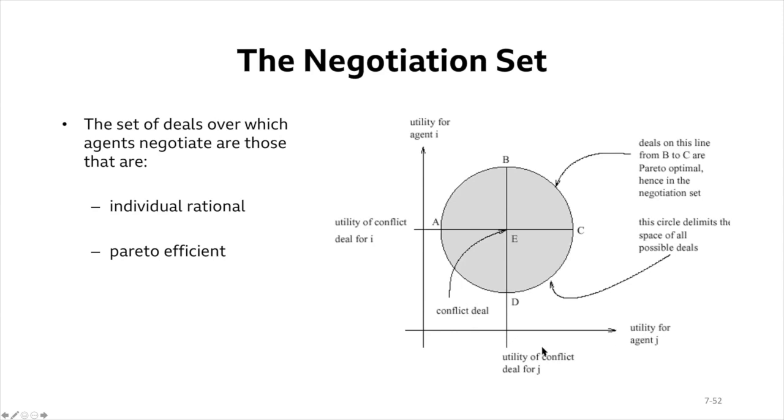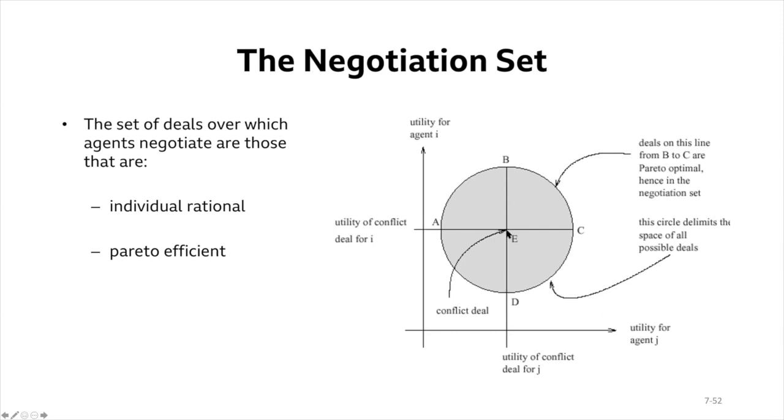So here we've got an illustration where we're taking the coordinates on a graph to be the utilities of two agents, agent I on the y-axis and agent J on the x-axis. And we're plotting the space of possible deals. That space of possible deals gives us some space here, which I've conveniently drawn as a circle.